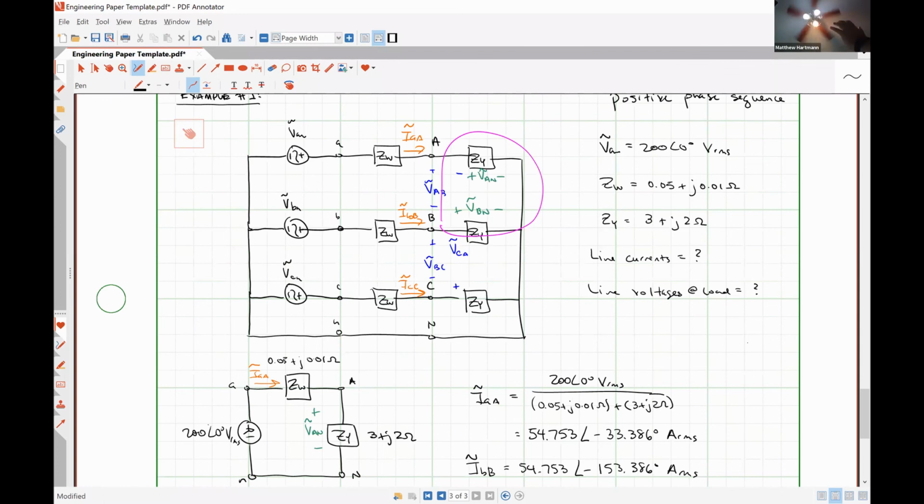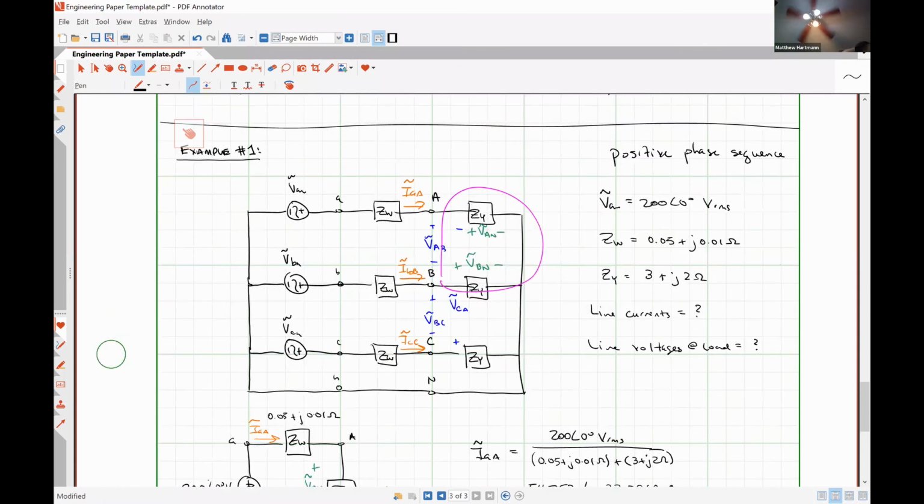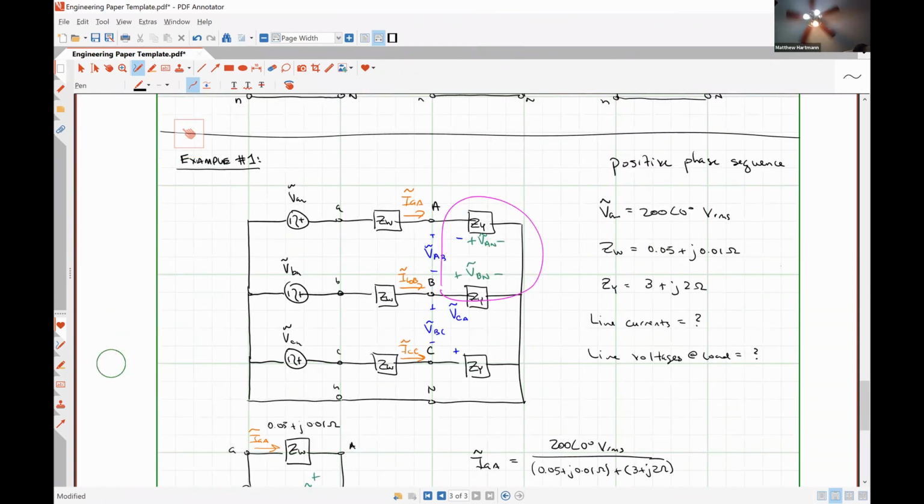If we didn't use a balanced YY circuit, what we would effectively have to do is rely on setting up systems of equations using either nodal analysis or mesh analysis that would require computers to solve, because we'd have 3 to 4 equations with 3 to 4 unknowns, which our calculators can't do.